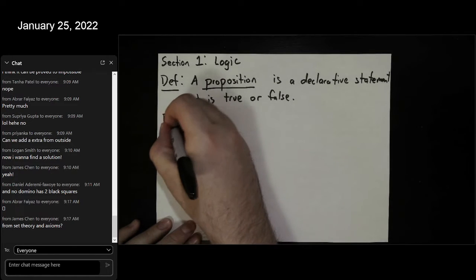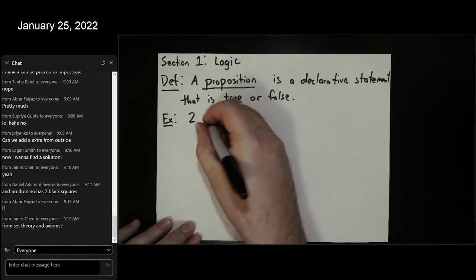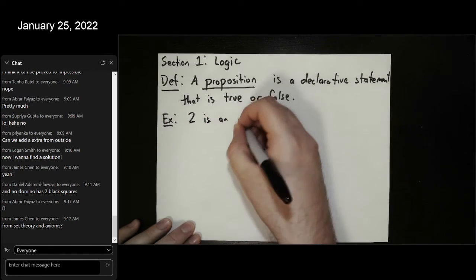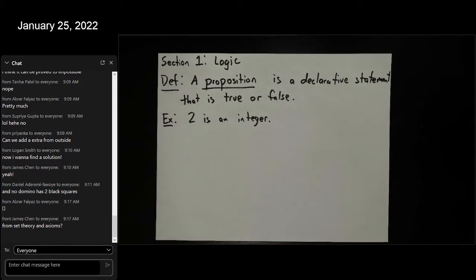As an example, I can write down the statement 2 is an integer. Right? That is a statement that is true or false.